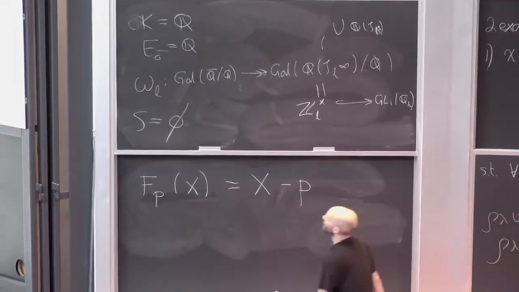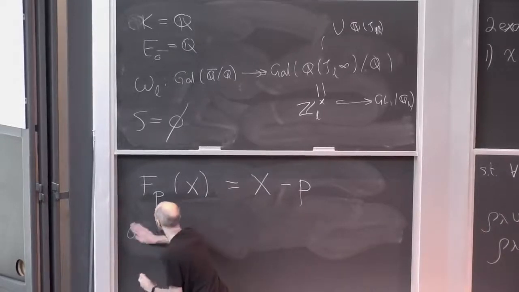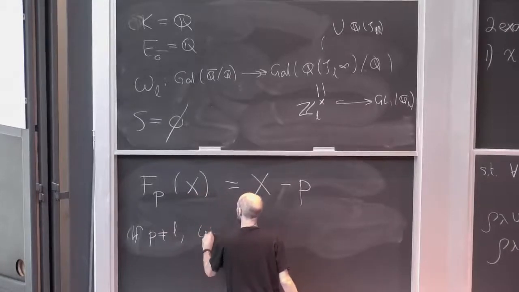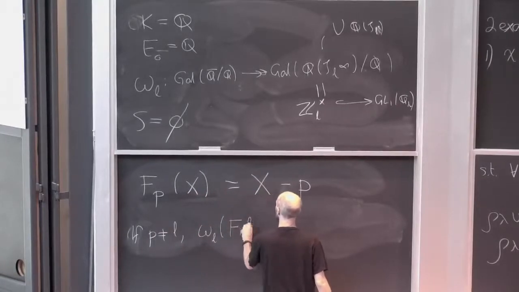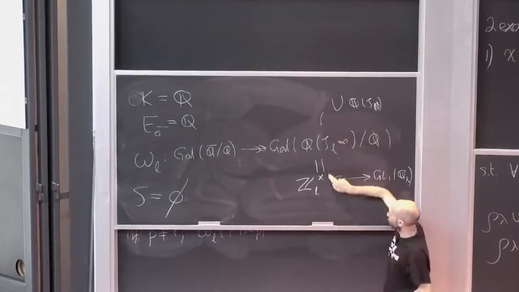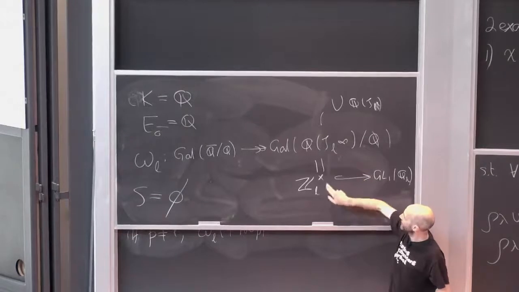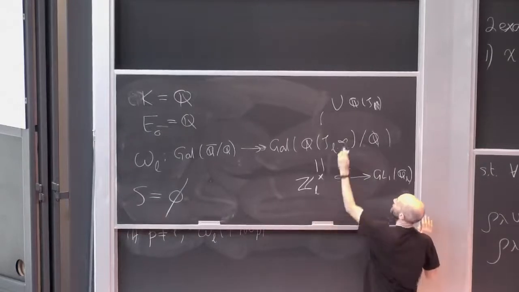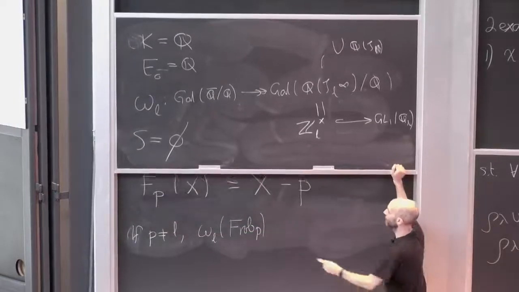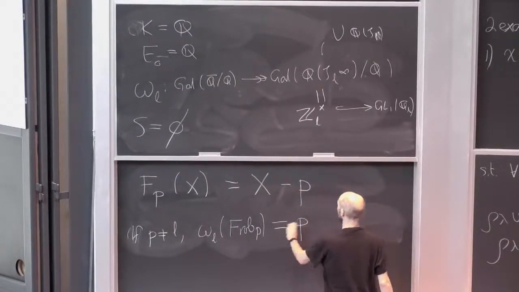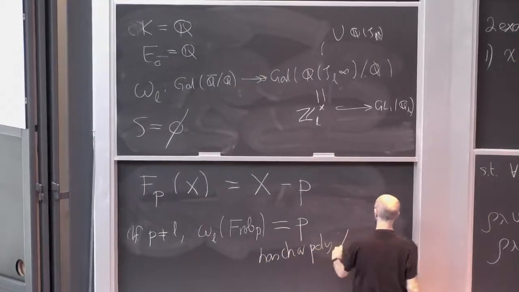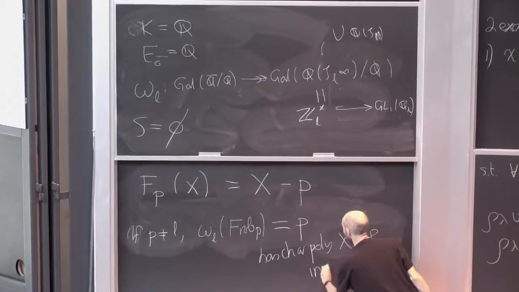And lo and behold, omega_L of Frob_p, if p doesn't equal L, is some element of this group, and via this canonical isomorphism, this gets sent to p. So Frob_p ends up at p, and there's just an inclusion. So omega_L of Frob_p is just the number p, has characteristic polynomial x minus p, independent of L.